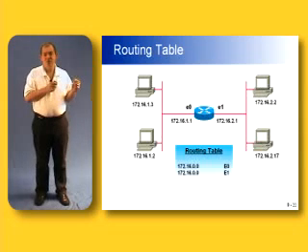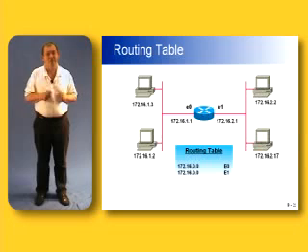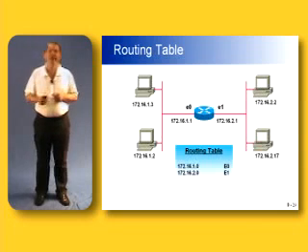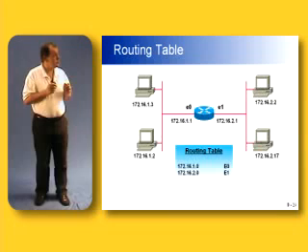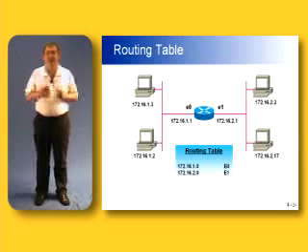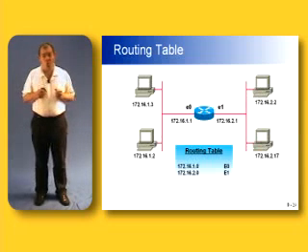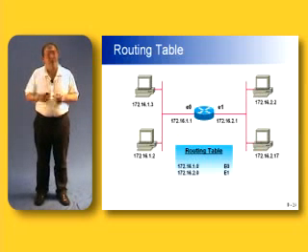So what we need is a way for the router to be able to distinguish between the 172.16.1 part of the network and the 172.16.2 part of the network. What we'd like it to do is something like this. We'd like the routing table, when we look at it, to reflect the difference between the two Ethernet segments. We'd like one half of it, the Ethernet 0, to show up in the routing table as 172.16.1.0, and the other half to show up as 172.16.2.0.